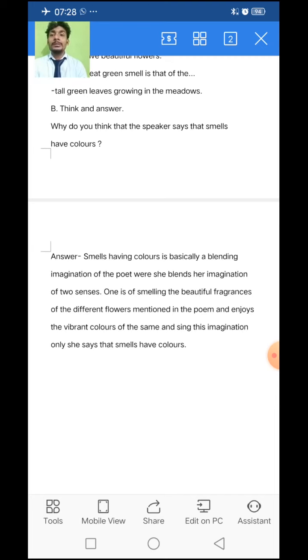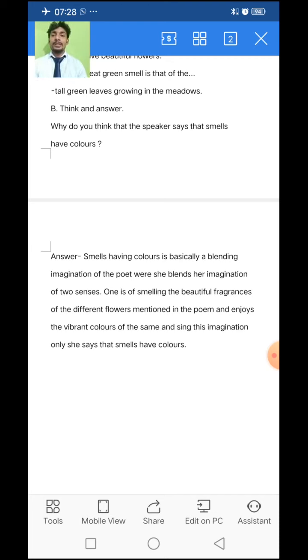I hope all the explanations and discussions of the question answers of the exercises of this poem Smells are clear to you, my dear students.